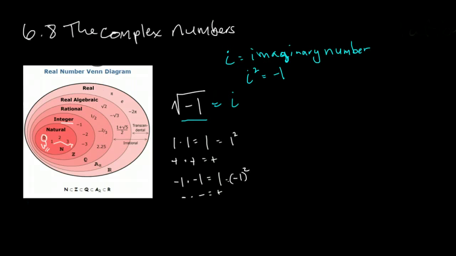What we do when we define i is we introduce a whole new number into our ontology, and we say, well, in addition to the real numbers, we have this other set of numbers called imaginary numbers, and together the real numbers along with the imaginary numbers create the complex numbers.